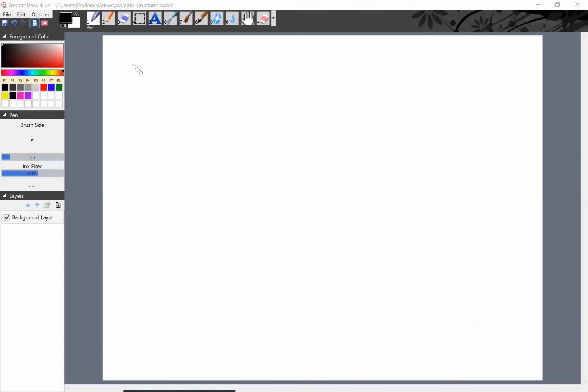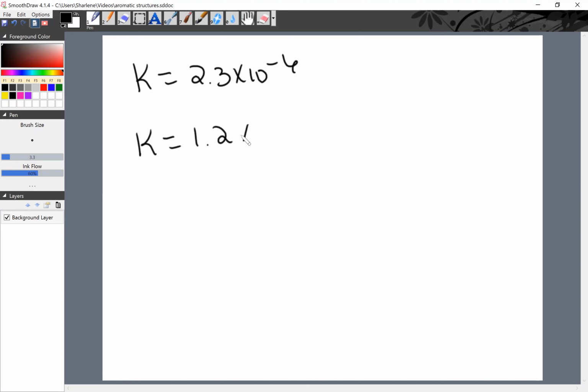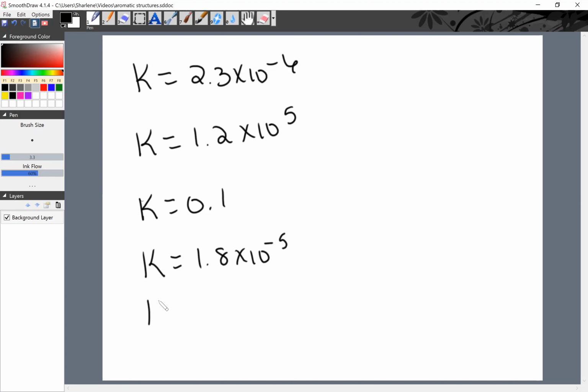All right, and again, I'm just making up these numbers. So if I have a K equal to 2.3 times 10 to the minus 6, and I have another one that's 1.2 times 10 to the 5th, another one that is 0.1, 1.8 times 10 to the minus 5th, and let's make another crazy one, 2.1 times 10 to the 20th.